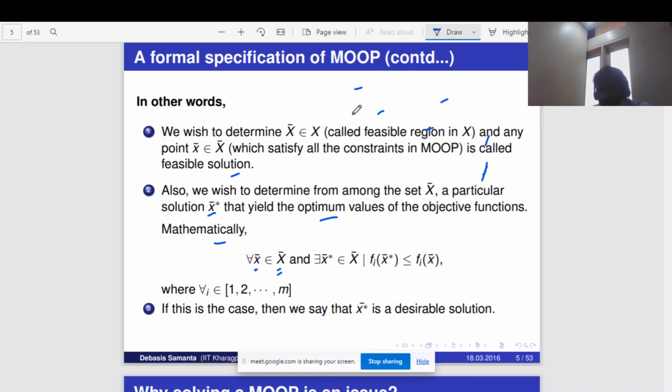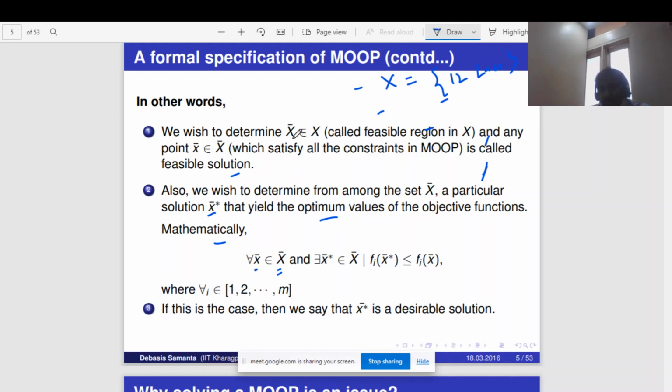It may be infinite. For example, in the problem of jobs, if you take the number of students who will be passing out of engineering this year, everybody will be x. That will be huge, maybe 10 or 12 lakhs. So that is x.